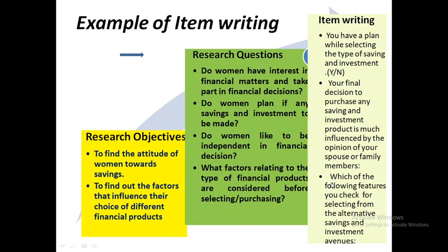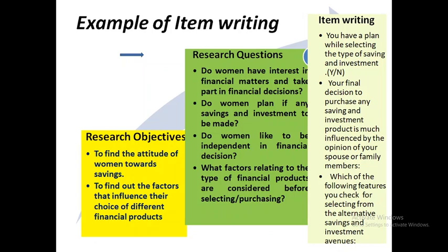Then see the third question in item writing. Which of the following features you check for selecting from the alternative saving and investment avenue? Here again there should be two questions. Which of the following features you check for selecting from the alternative savings products? There are response categories like interest rate, maturity period, reliability of the institution, service of the institution.